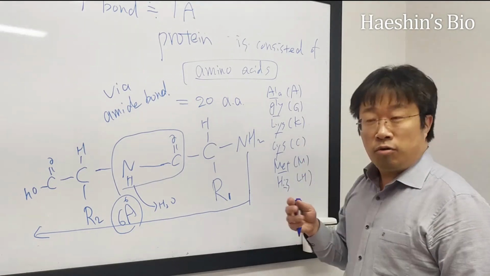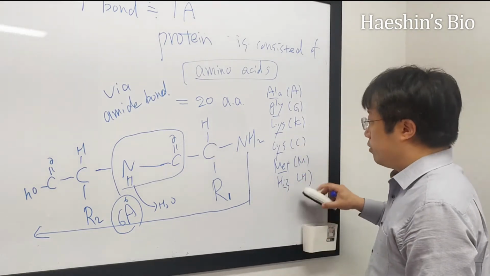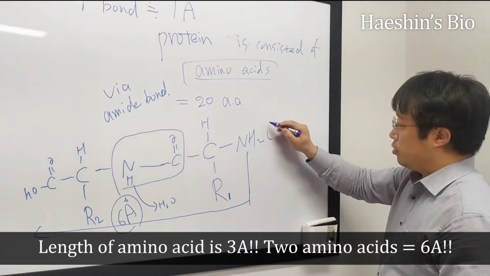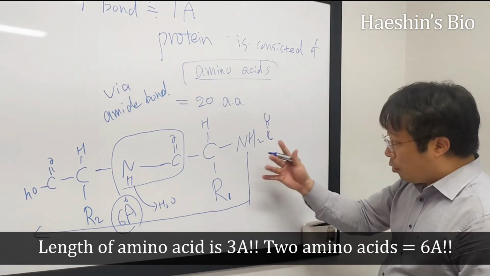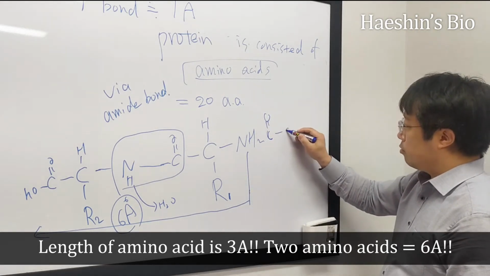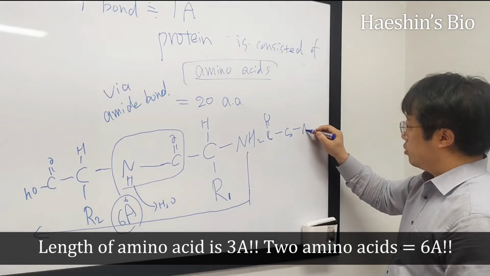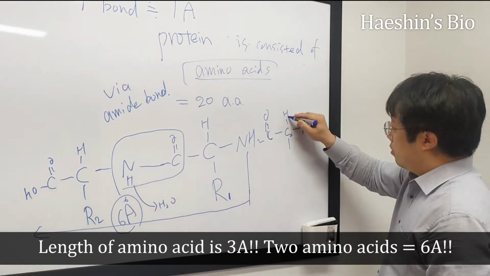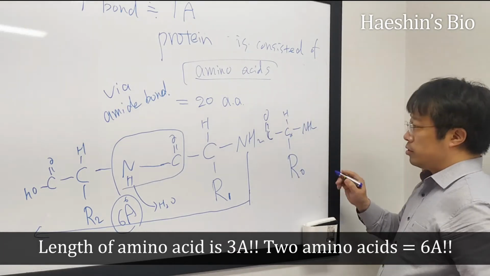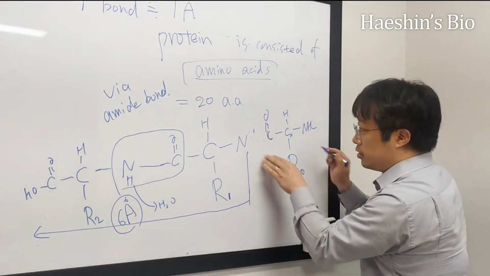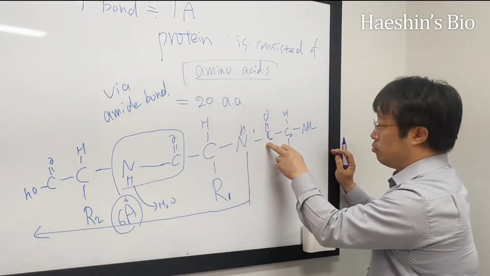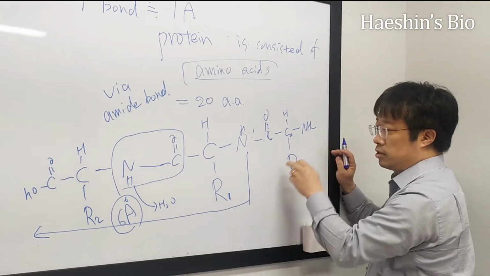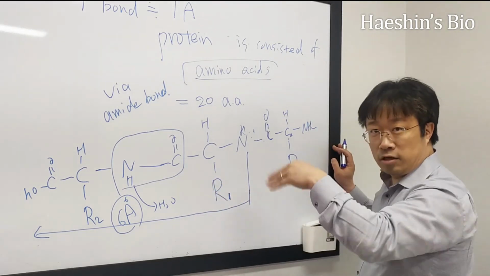So I will give you another one. Say we can imagine that we have another amino acid before the R1. Before the R1, we have a C alpha and then we have an NH2, and then this R0. So simply we have added 3 bonds, 1, 2, and 3 bonds, as the tRNA adds an additional amino acid.